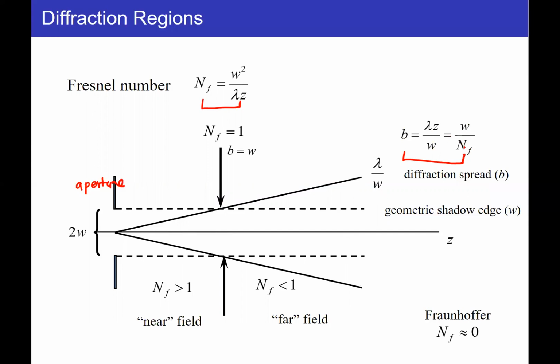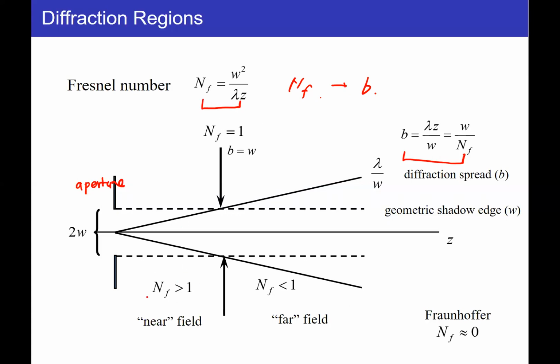So that means if N_F is large, this B is small, that means it is near field. So either way, N_F or B, we can guess what range we are dealing with. So N_F equal to 1 is the reference.